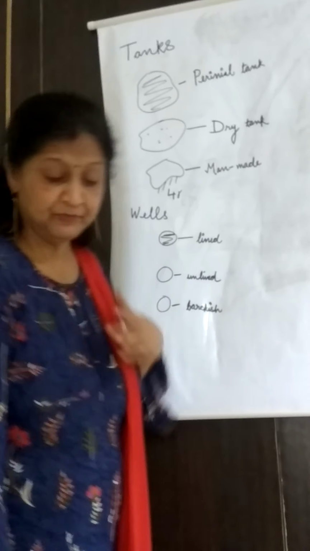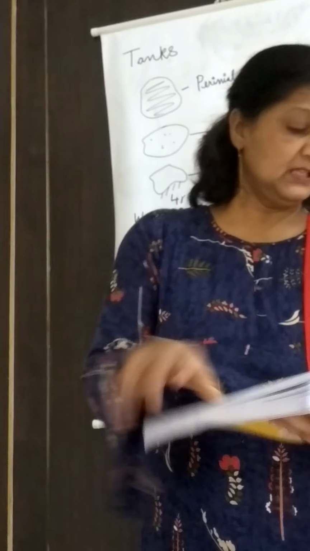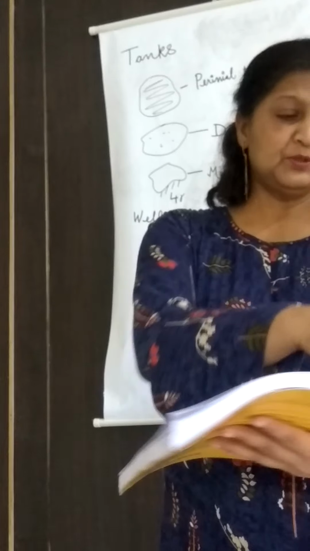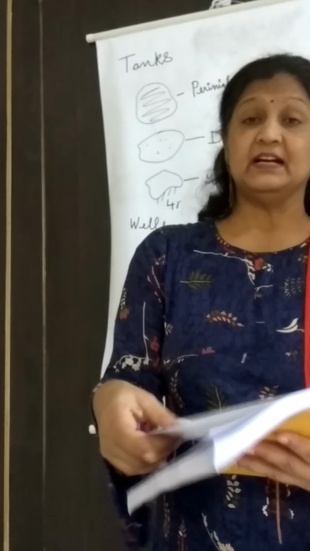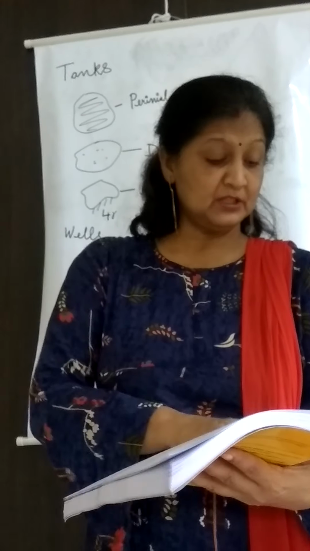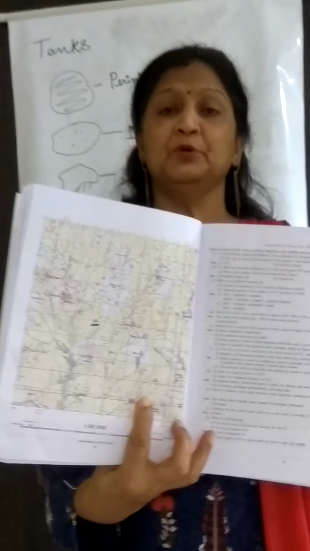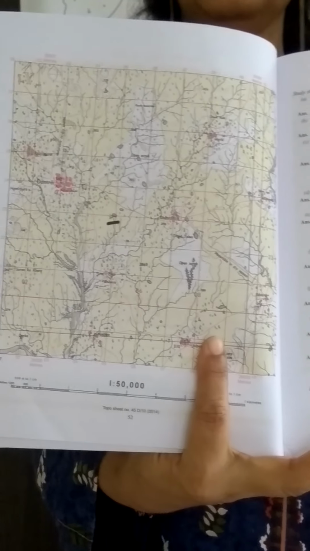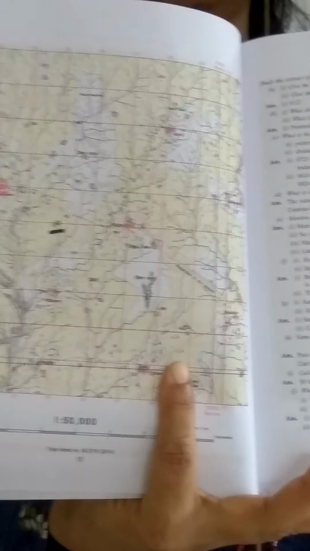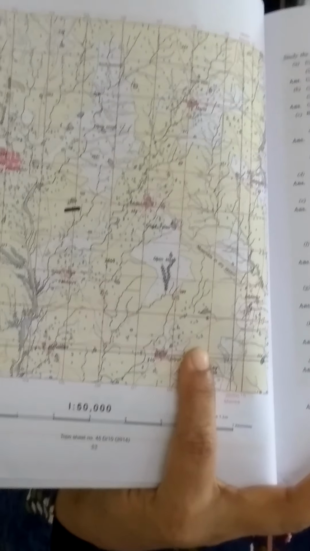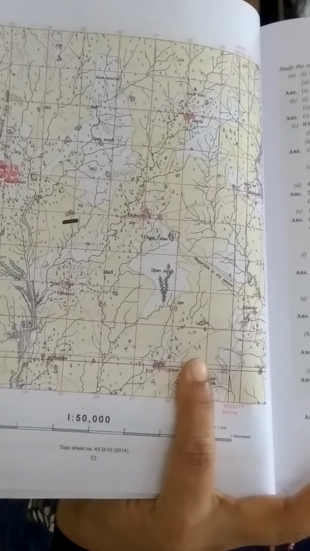Now let us see all these three types of wells in your topo sheet. If you see them clearly in the topo sheet, only then will you understand. Time by time you should search for all these things in the topo sheet. See, in this grid, many blue circles were there. See, I have kept my finger there. That blue circle is known as a lined well.